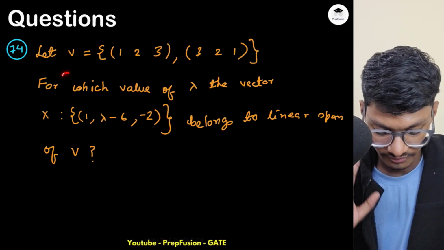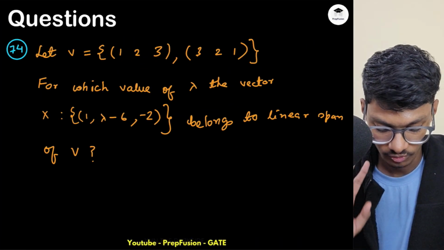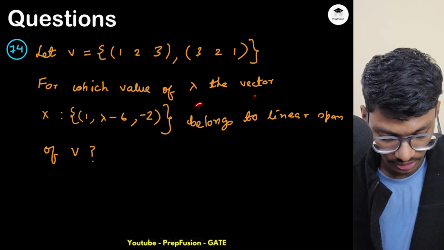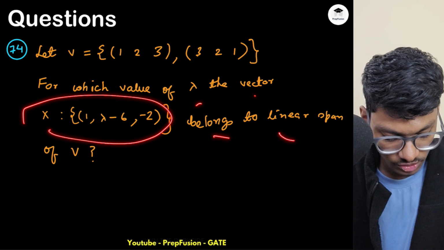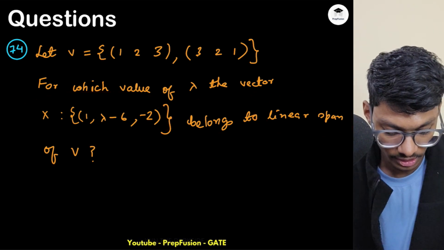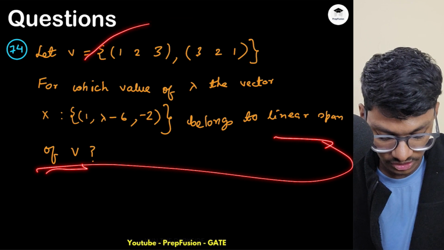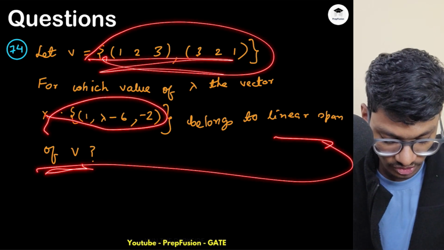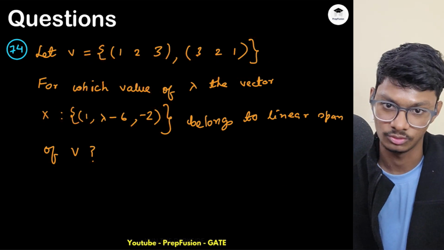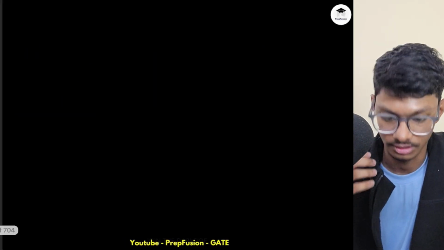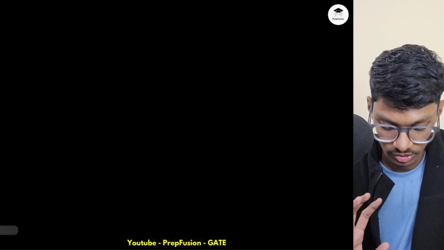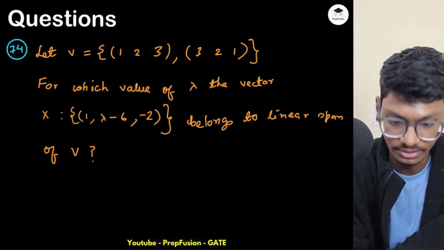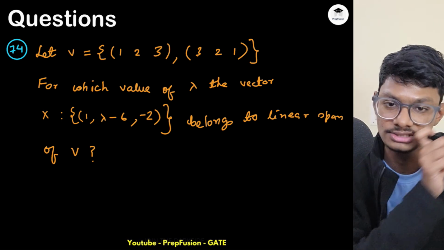The next question is, let V equal (1, 2, 3) and (3, 2, 1). So V is a vector space of these two vectors. For which value of lambda does the vector x belong to the linear span of V? So with a linear combination of these two vectors, I will be able to write my x. So how will I write it? What is this asking? That x is spanned by V, or V spans x.